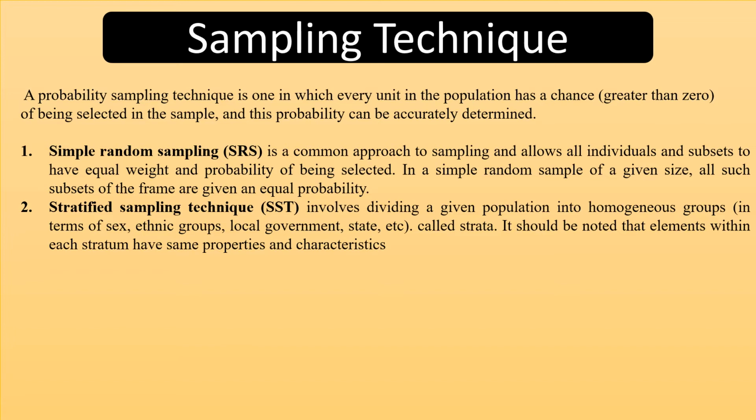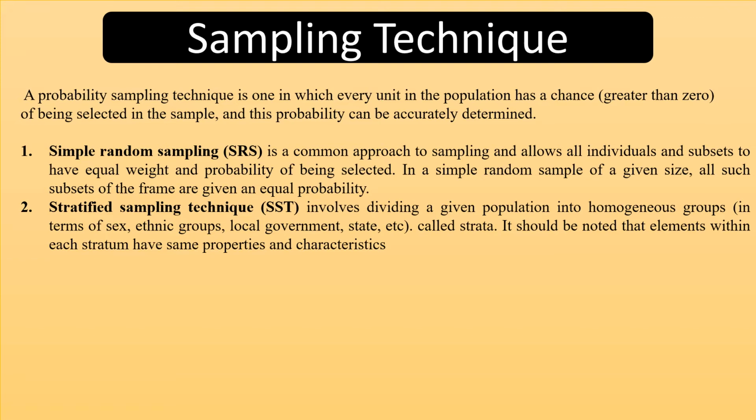So it involves dividing the total population into homogeneous groups, meaning that every group must have uniform and identical properties or features in terms of sex, in terms of ethnic groups, local governments, states, etc. So after you have already divided them into a homogeneous group, you can now start picking at random in each of these groups. So that is why it is called stratified sampling technique.